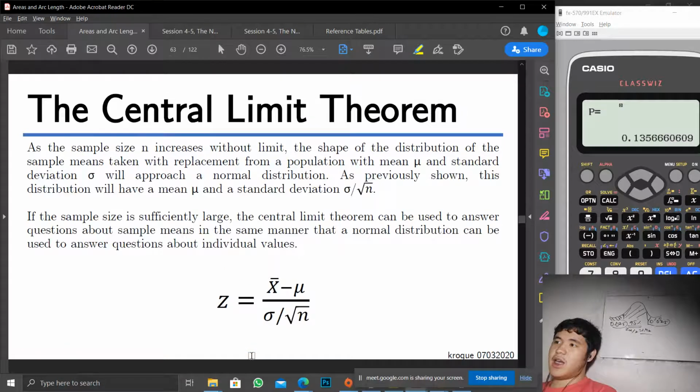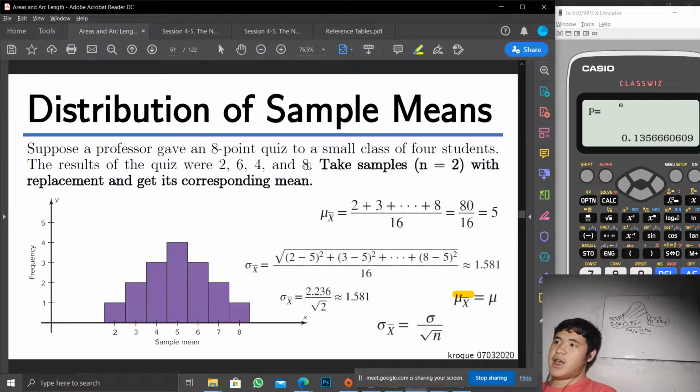And that is where the central limit theorem comes in. As the sample size n increases without limit, the shape of the distribution will approach a normal distribution. Remember this? When we increase our sample, the curve becomes better and smoother, and it becomes approximately normally distributed.